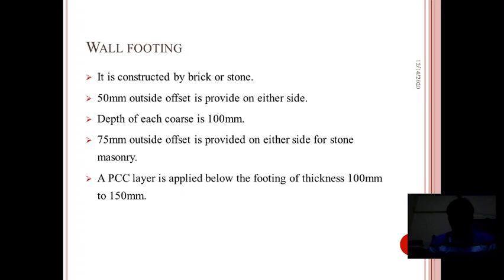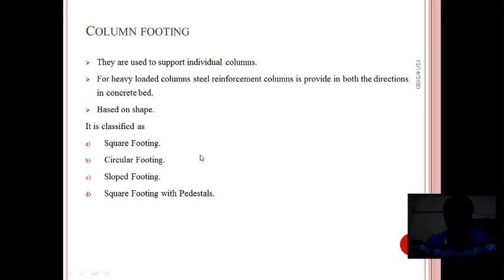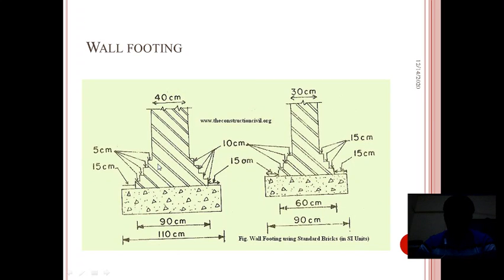A 50 mm or 5 centimeter outside offset is provided on either side, on the left and on the right. The depth of each course is 100 mm.